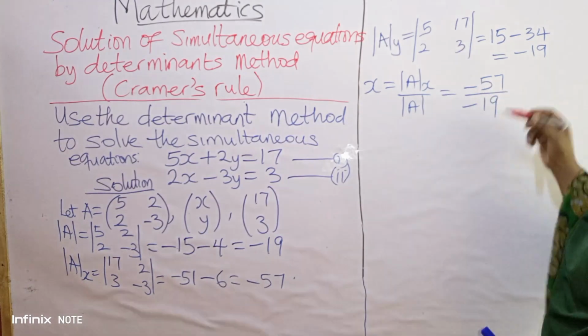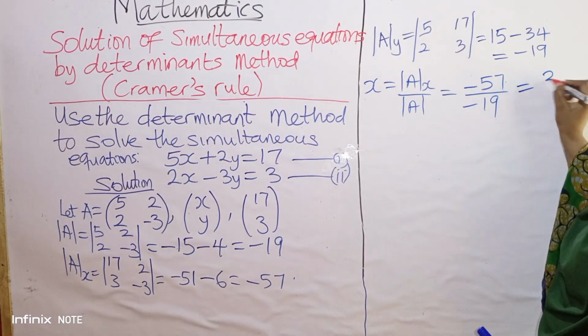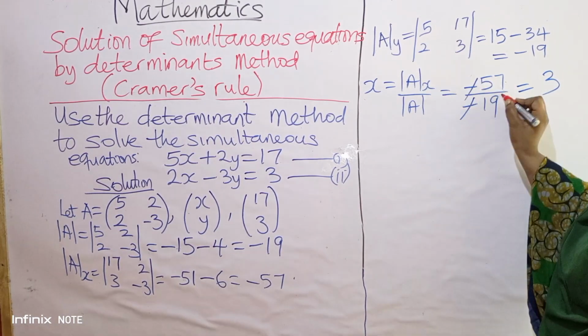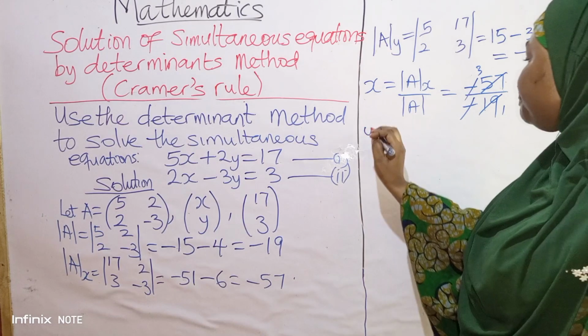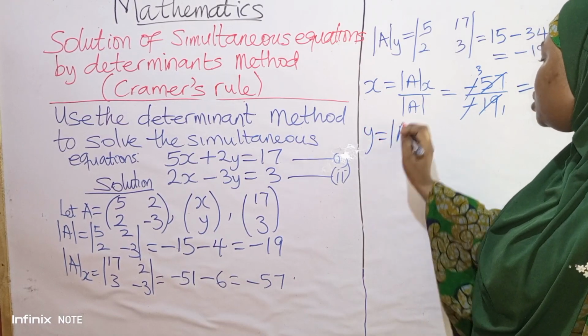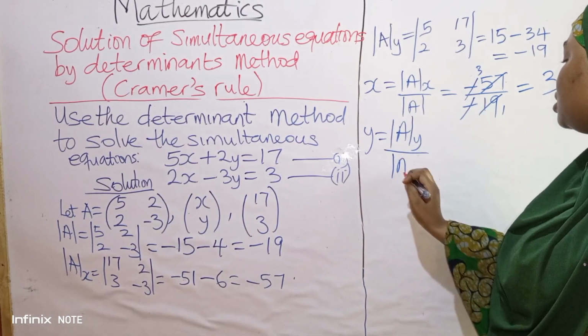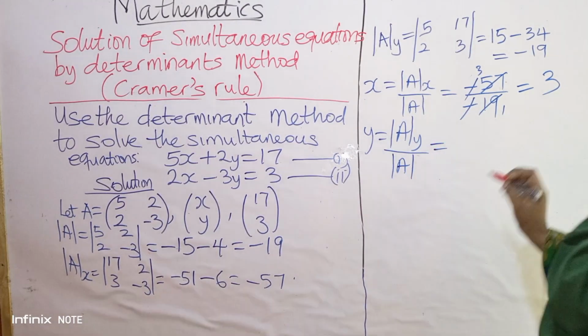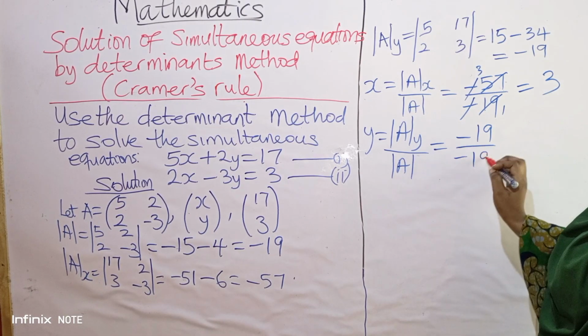So minus cancels minus. How many 19s can I get here? That is 3. To find y, it is equal to the determinant of A with respect to y divided by the determinant of A, which is minus 19 divided by minus 19.